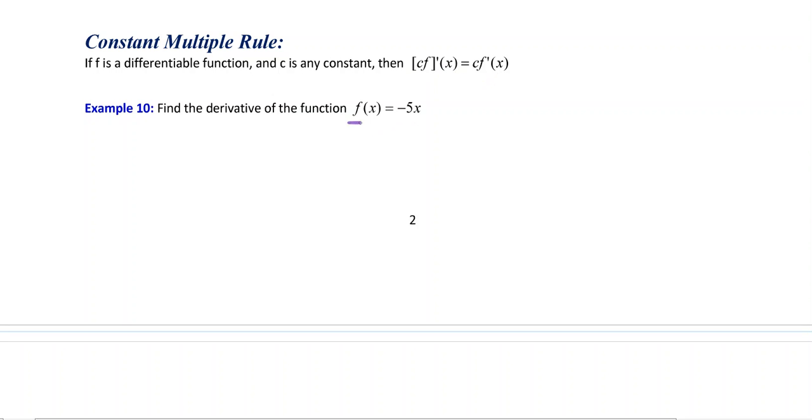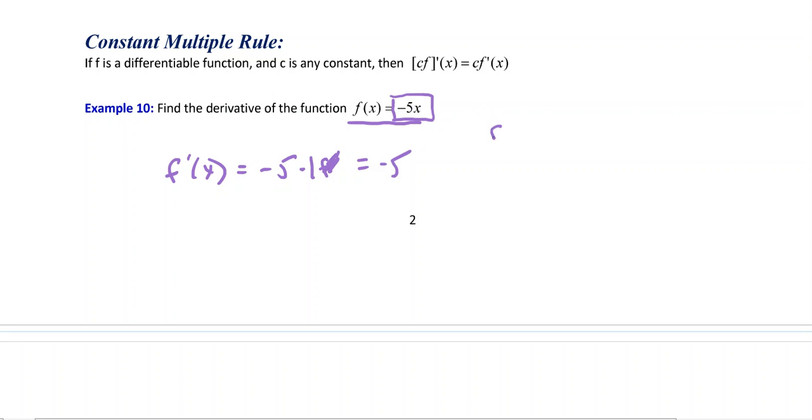So in example 10, the derivative of this is simply going to be negative 5 times the derivative of x, and the derivative of x is 1. So negative 5 times 1, which is negative 5. The short way of looking at this is anytime you have a constant times x, the derivative is always just going to be the constant.